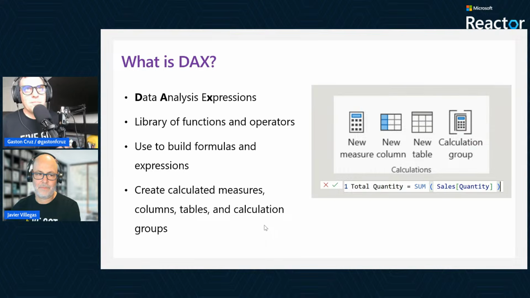But what is really important to know is that Copilot is not going to do magic if you are not doing what we mentioned before in terms of working with your data model. All the tips and tricks that we just gave with Javier before, working on your primary keys, foreign keys, relationships, data types. You need to work on your data model before you start leveraging Copilot to create DAX statements.